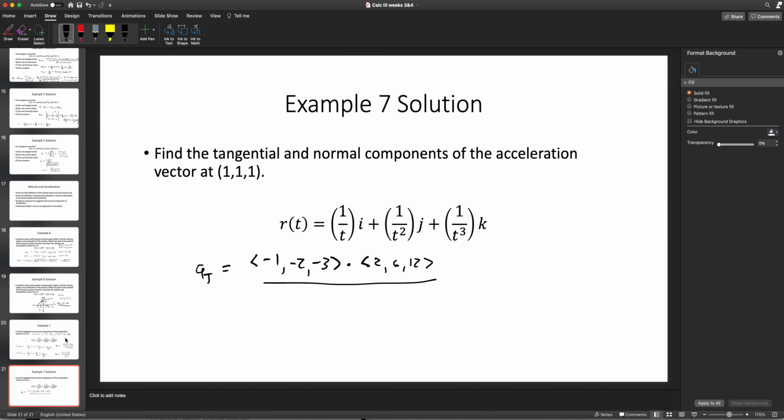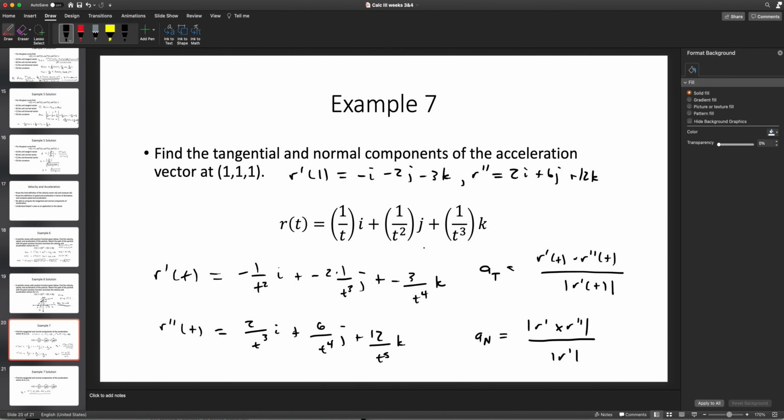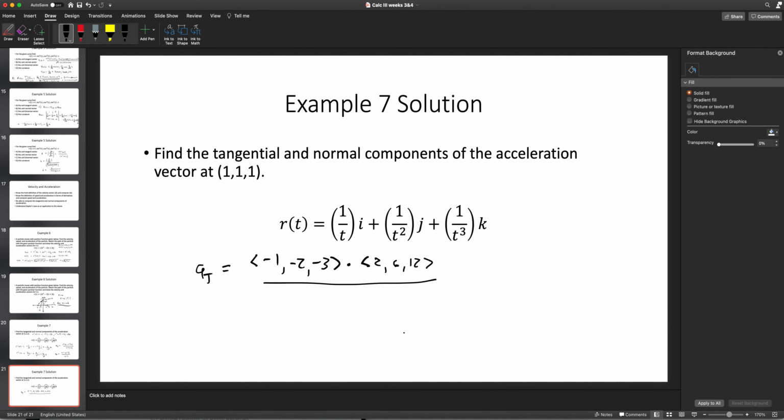Over, and we're looking at the length of r prime of 1, so just the length of this. So we get negative 2 minus 12 minus 36 divided by square root of 1 plus 4 plus 9.